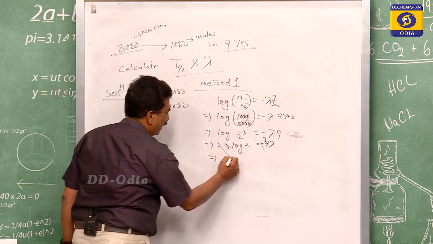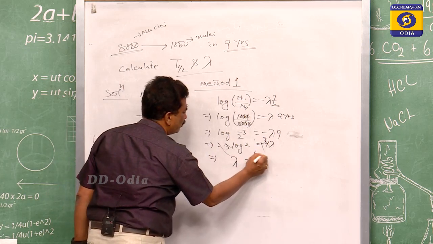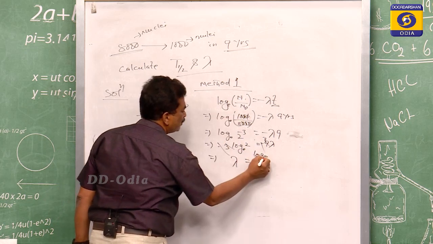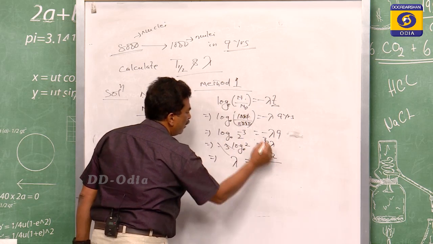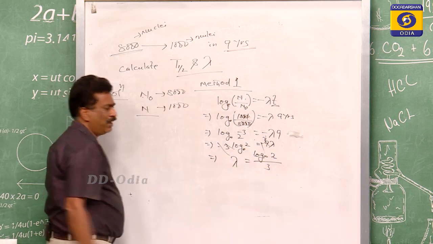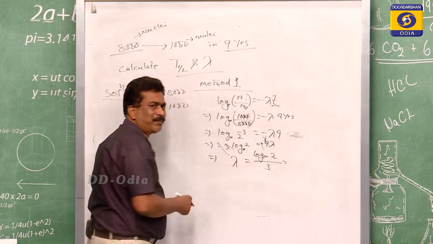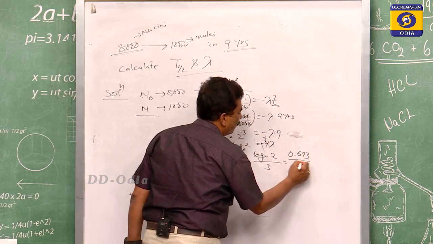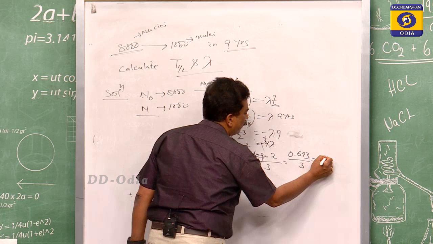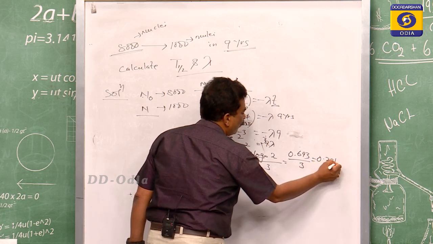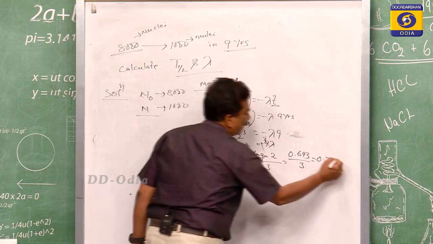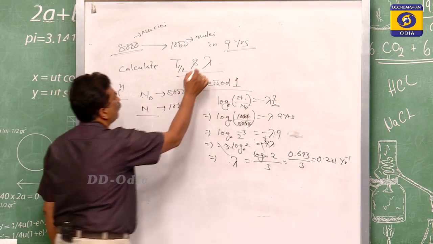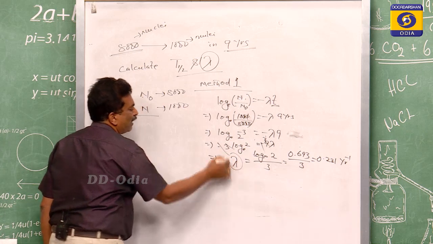So this implies lambda is equal to log to the base e of 2 by 3, which is 0.693 by 3, that is 0.231. So this is lambda, in units of year inverse. Lambda is determined.